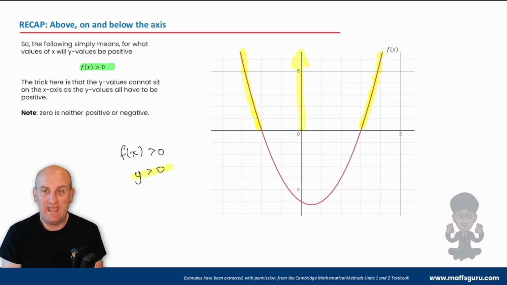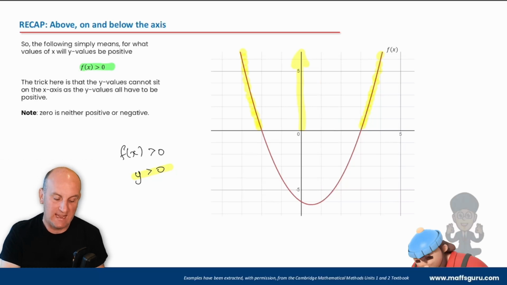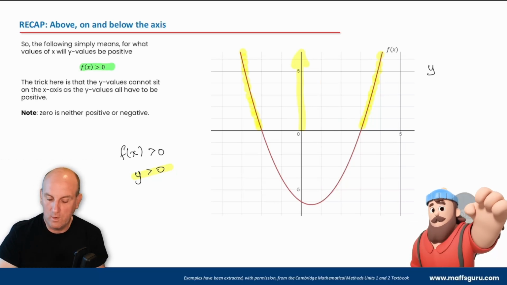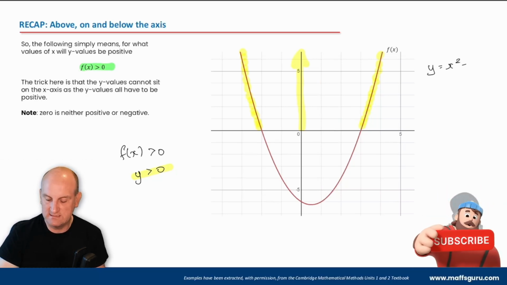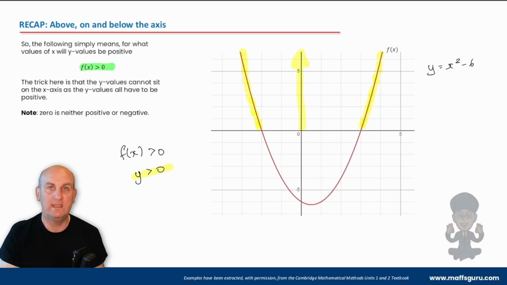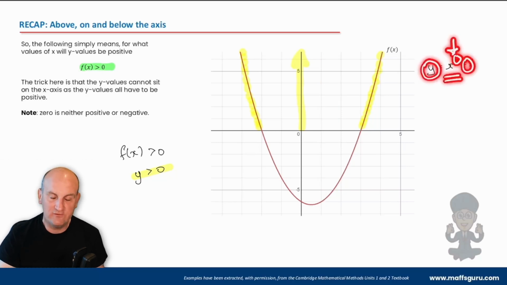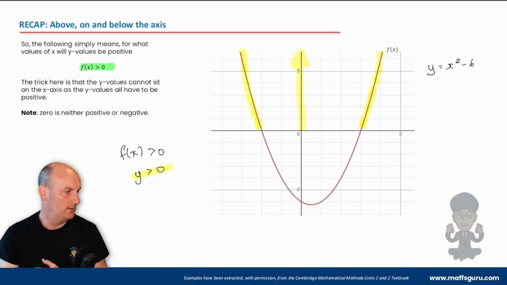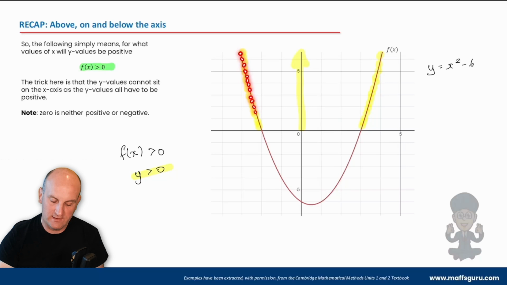There would have to be x values that create them. For example, if y equals x squared minus 6, how do I get my y values? My y values are a function of x. Whatever x value I put in, I square it and take away 6, and that gives me a value of y. So the question is, what x values create all these values of y?